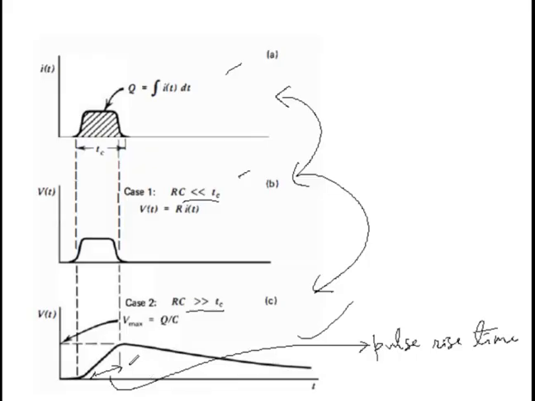On the other hand, from the maximum downwards, this is the decay time. So for the pulse here we can have a pulse rise time and the pulse decay time.